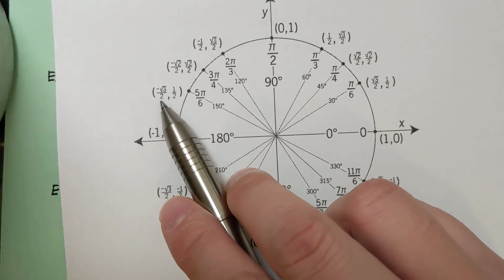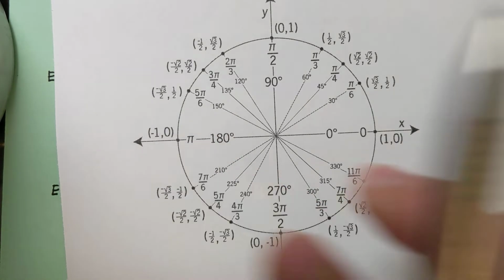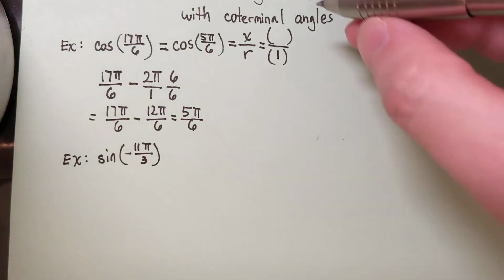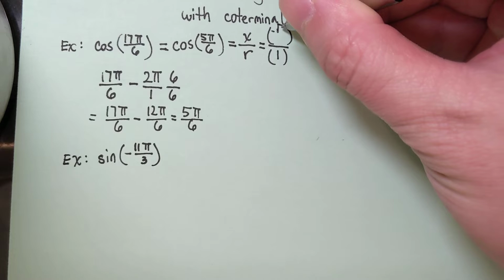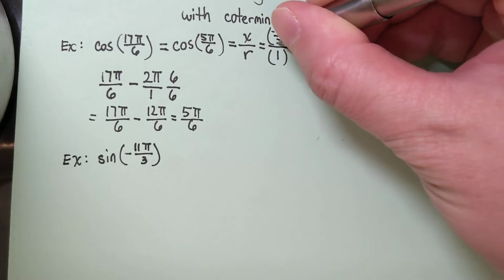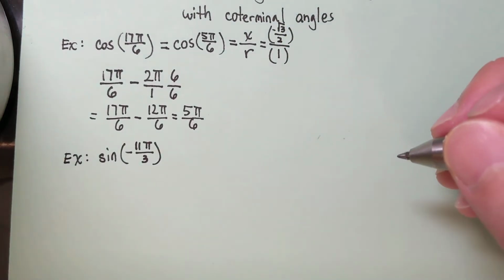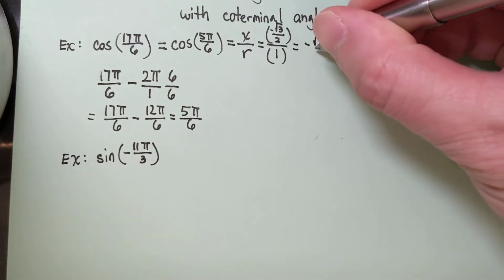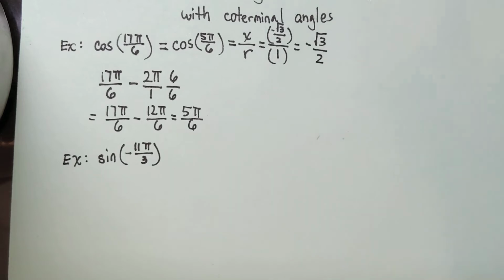The x coordinate is negative square root of 3 over 2. And that's why I will put negative square root of 3 over 2 for the x coordinate. When I divide them, I end up with negative square root of 3 over 2. And we are done.